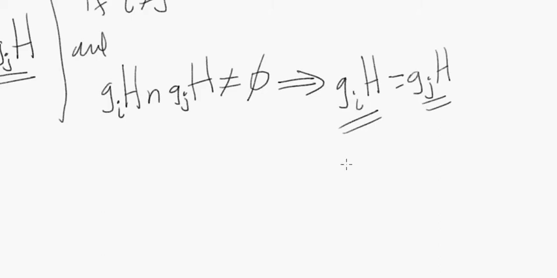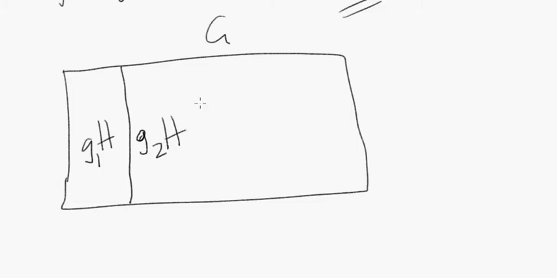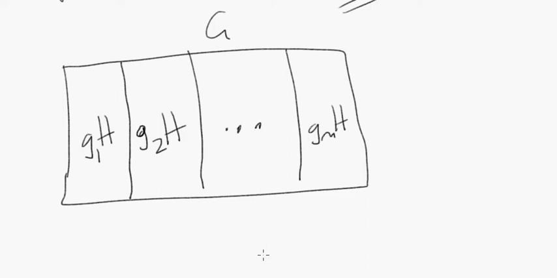Okay, so now we have some new information. Right? What's the new information? We're saying, look, okay, let's be given some finite group G. We're going to take the cosets G1H, the cosets G2H, all the way up till GmH. We saw before that these cosets are not necessarily pairwise disjoint. But we know something.